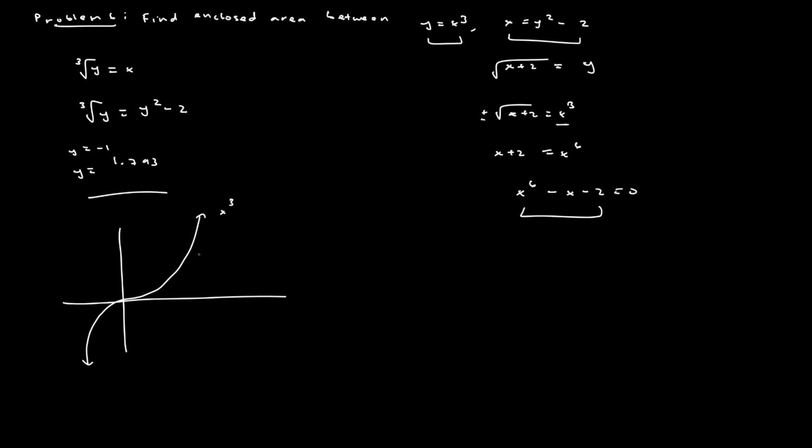At negative 2 it takes on the value 0, and then it follows the horizontal parabola. And we know that the intersection points are y equals negative 1 and y equals 1.793, so this is y equals negative 1, and this is y equals 1.793.